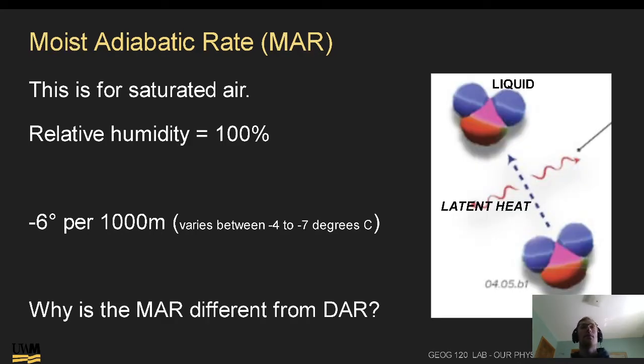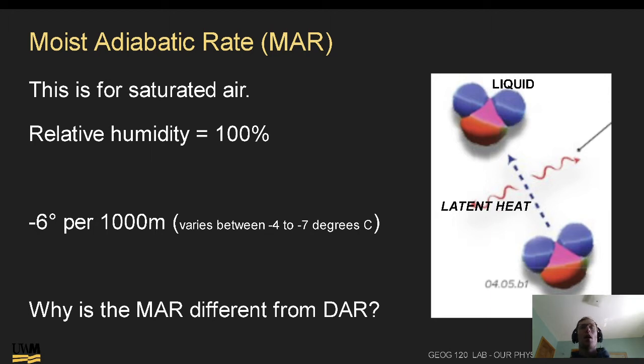So the interesting rate is the moist adiabatic rate, the MAR. This is for saturated air. That means the relative humidity is already at 100%, aka the air is holding all of the water vapor that it can. What's unique about the MAR is that the air is still cooling as saturated air is forced to lift for whatever reason.